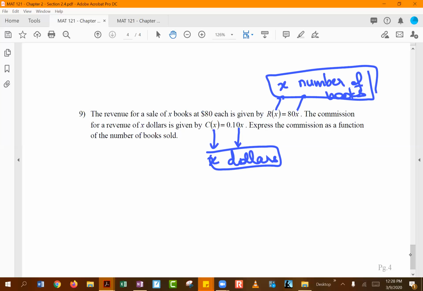So instead of writing the commission function based on dollars, they want us to write the commission function based on the number of books, which we know should be $8 per book as your commission. So how would you make that composition happen so that in the C of X function, that X is the number of books and not how many dollars?